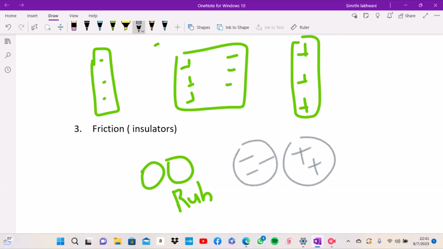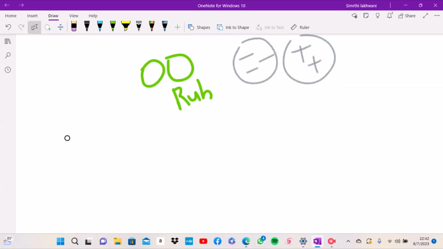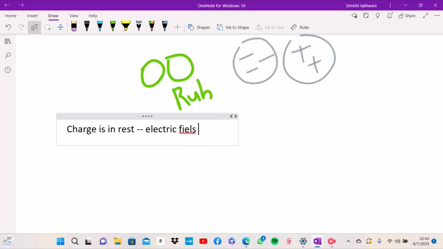Now consider that if the charge is at rest, it will produce an electric field.